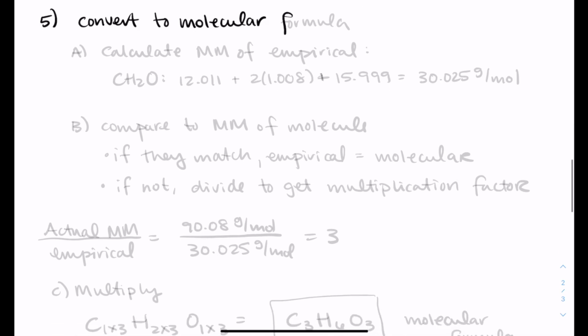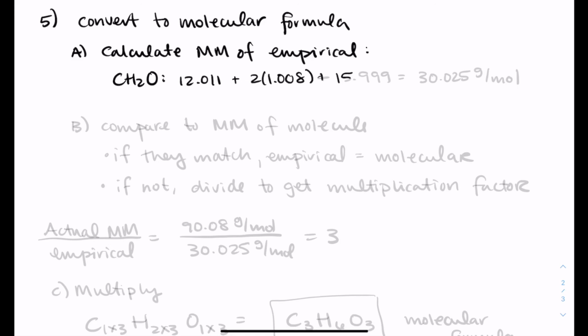I have whole numbers. I don't need to do the multiply back up step, but we'll have examples where you need to. The next step is to convert it to the molecular formula, which I can only do because I have the molar mass of the molecule. The way to do this is to calculate the molar mass of the empirical formula. So CH2O, the molar mass would be 30.025 grams per mole.